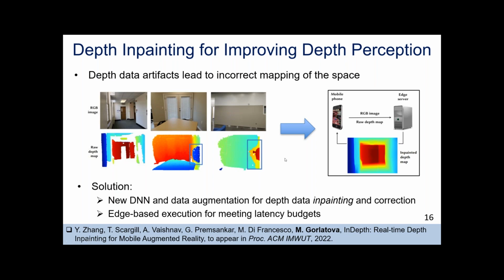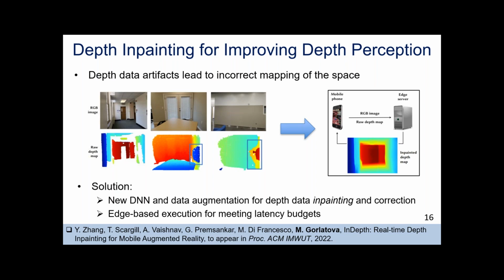What we can do to deal with these cases is develop a neural network that takes hints from both depth images and RGB images to correct holes and artifacts like these. But the issue is that these artifacts are fairly sizable. They cover a large area of the scene.